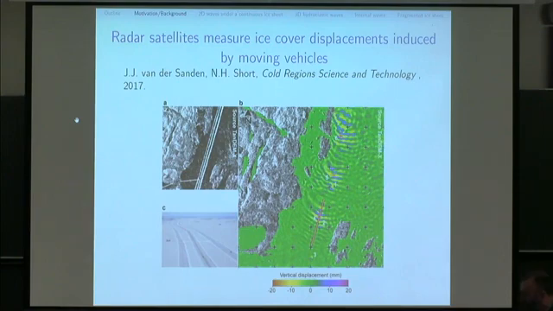Very recently, I found a nice paper where some people from Canada are looking at trucks moving across a lake in northern Canada, I think Gordon Lake somewhere, and they record from satellite how much the ice is moving up and down, so that they see this wave field. Probably not easy to see.